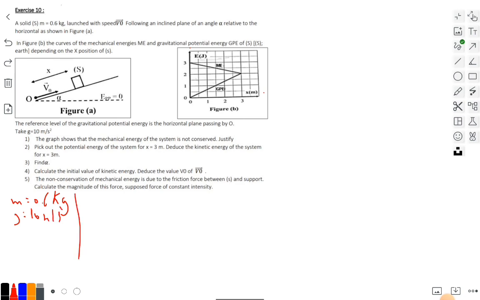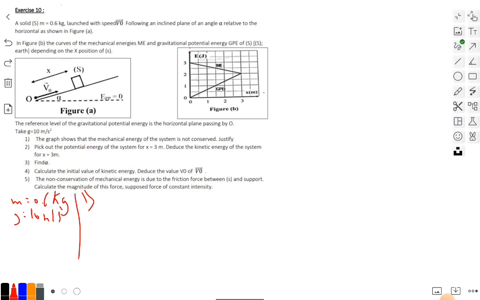Part 1. The graphs show the mechanical energy of the system is not conserved. Justify. We observe that the graph of the mechanical energy decreases from 3 to 2 joules.